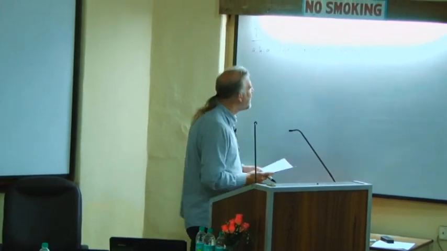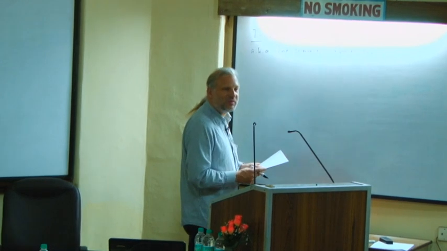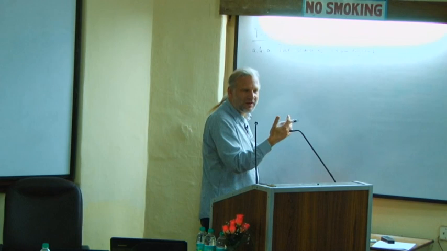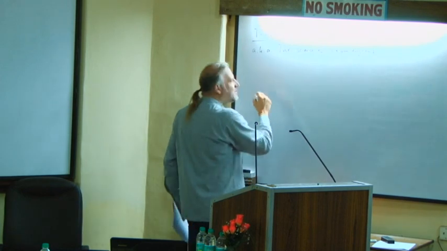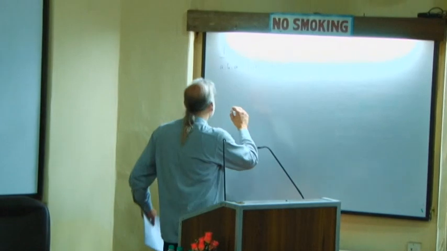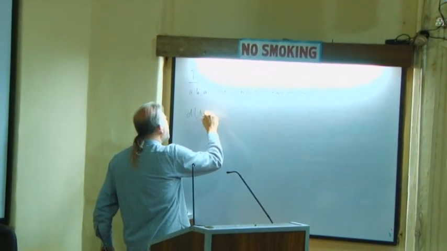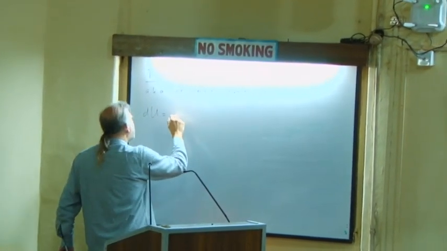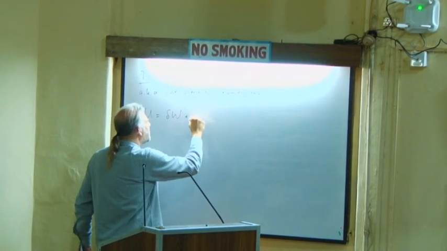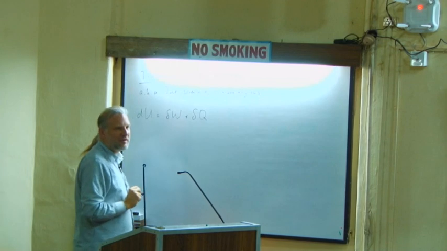And one of the foundations that you learn is the first principle of thermodynamics. That is, you have something that is called the internal energy. And this is, in some sense, the total energy stored in a piece of matter. And you learn that if you want to change the internal energy, you can do it in two ways. You can either do mechanical work, or you can have heat exchange. Okay?